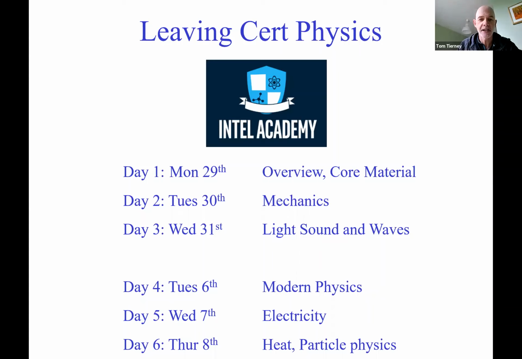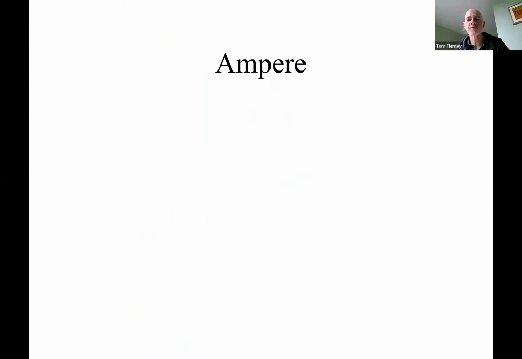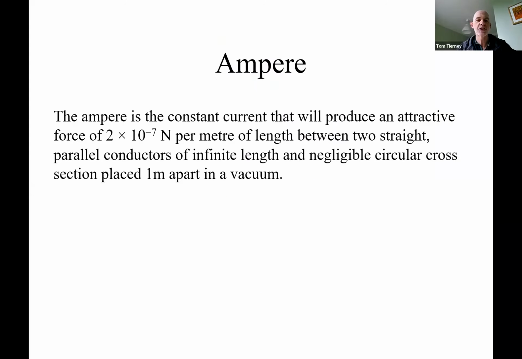Before we get into that, there was a question at the end of yesterday's class about the definition of the ampere. This is a really interesting topic, actually. There are only 7 fundamental units, and everything else is based on those. Momentum, for example, has the unit kilogram meter per second, so it doesn't have its own unit as such.